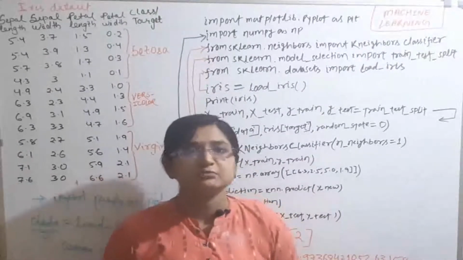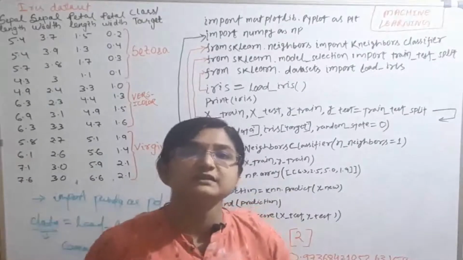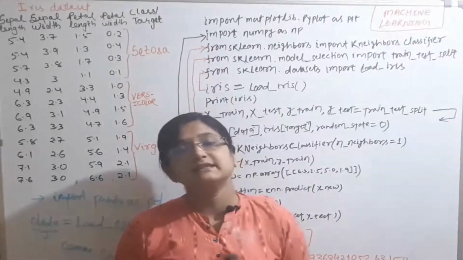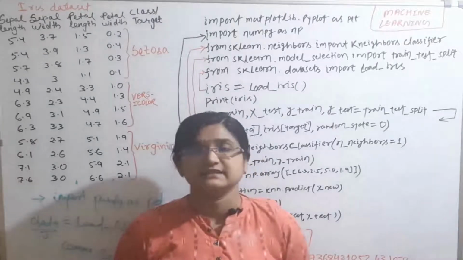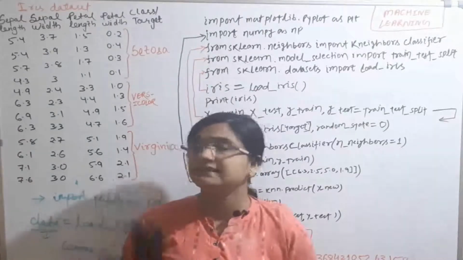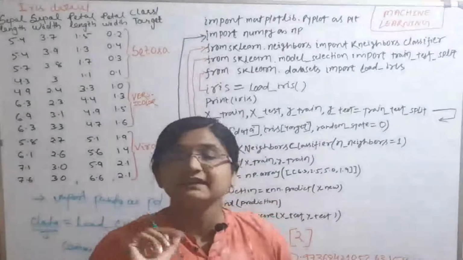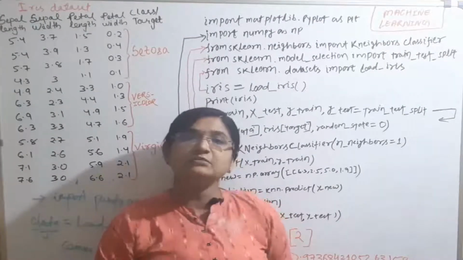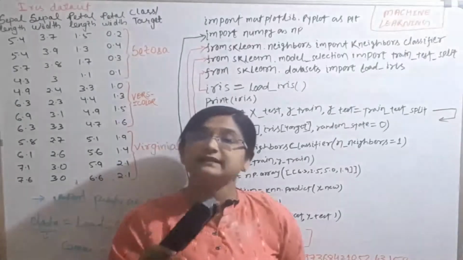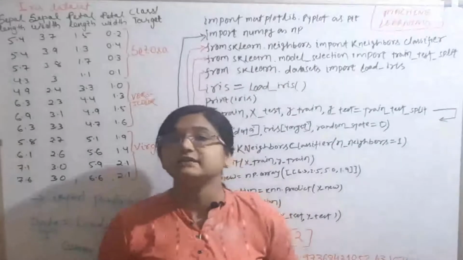But if the input data file is not present in our computer system, and I want to take it from a Python library, then there is another syntax for inputting the datasets. Here my iris dataset is present in the sklearn library, so I am directly taking my dataset from the sklearn library.